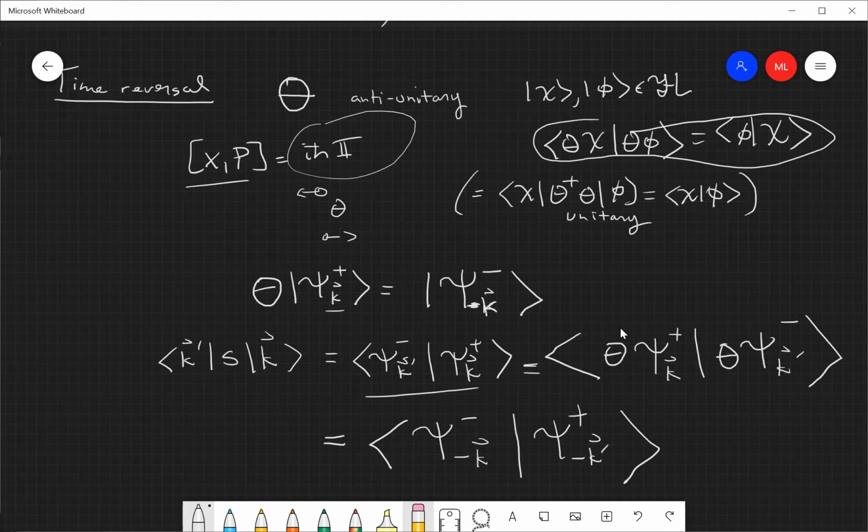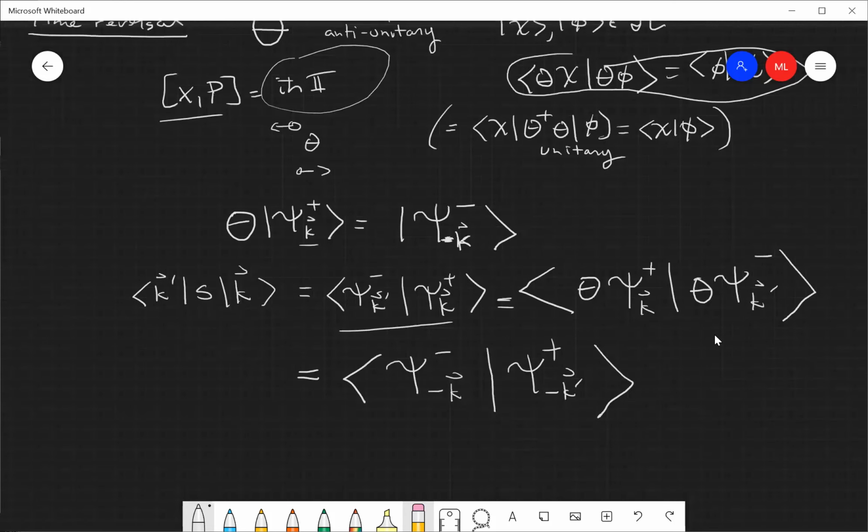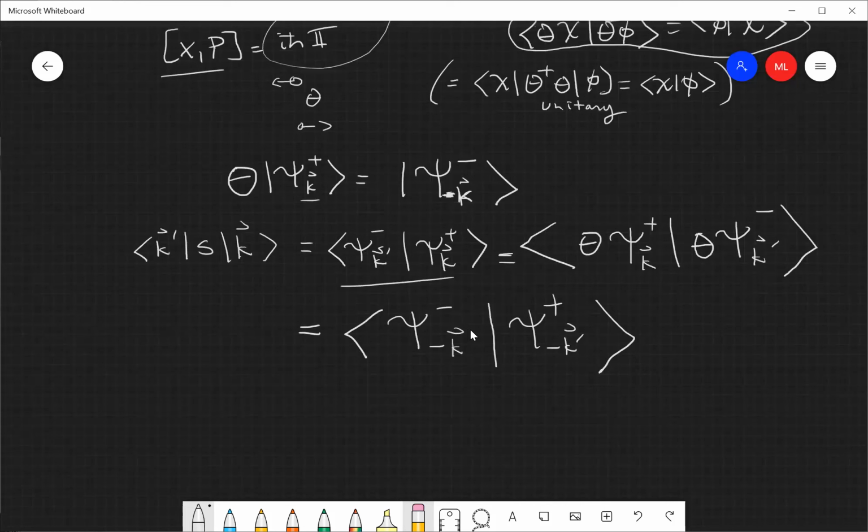Okay, but this is just another matrix element for the S matrix. You see, it's the same as our original one. There's a minus sign here and a minus sign here, plus and plus. The only difference is that K prime is replaced with minus K, and K is replaced with minus K prime.